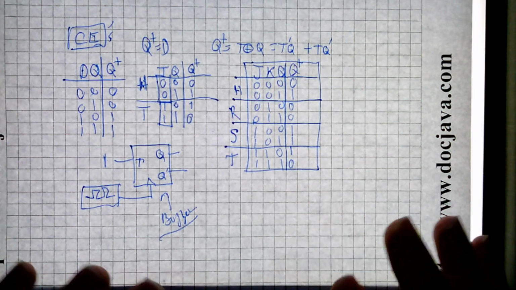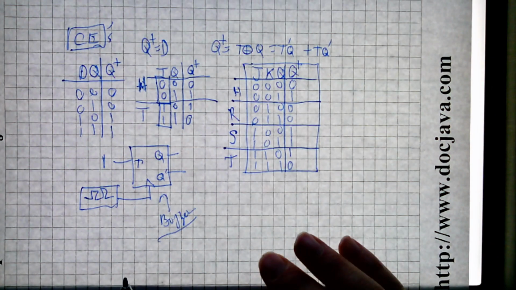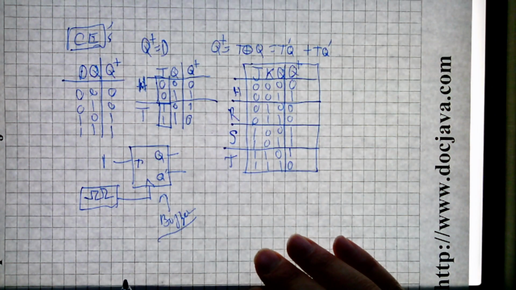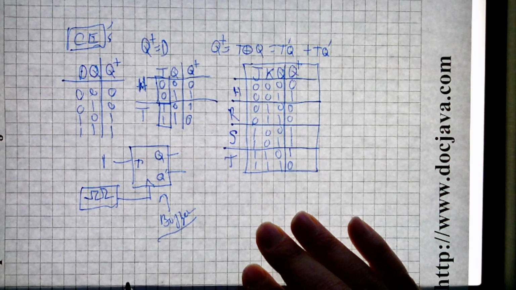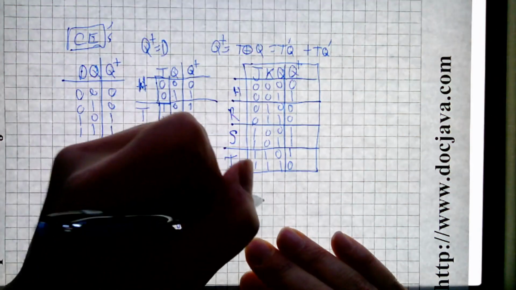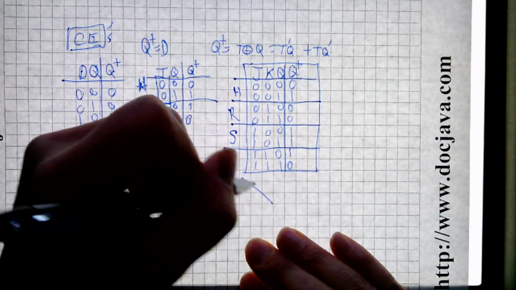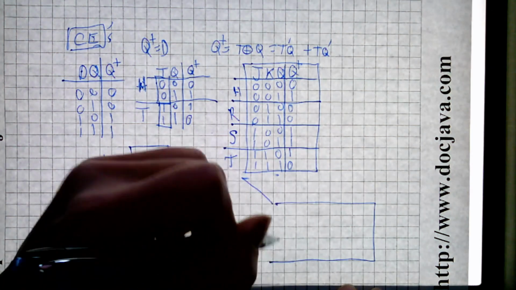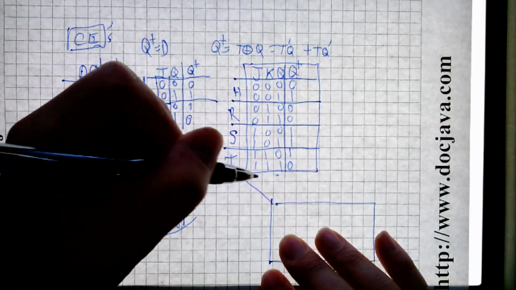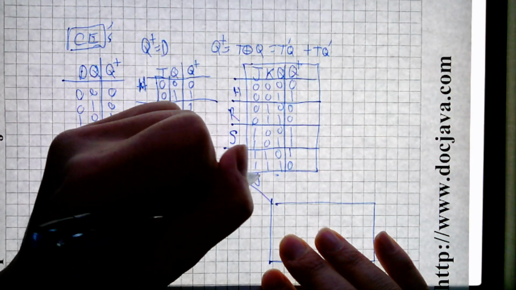So now we can proceed to obtain the characteristic equation, but probably we need to use a K-map. So let's do that. I don't mind using a K-map. I think I remember how they work. Something like this.